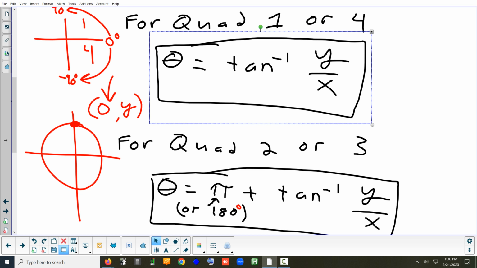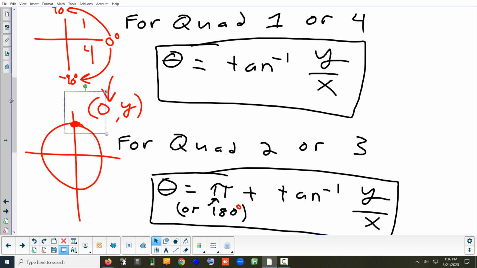Whenever you're on the vertical axis up, what angle are you at right here? 90. That's always 90. And if you're on the vertical axis but you went down, what's that one? 270. That's 270. And if you go right, that's 0. And if you go left, 180. So these 4 angles, they're like special cases.